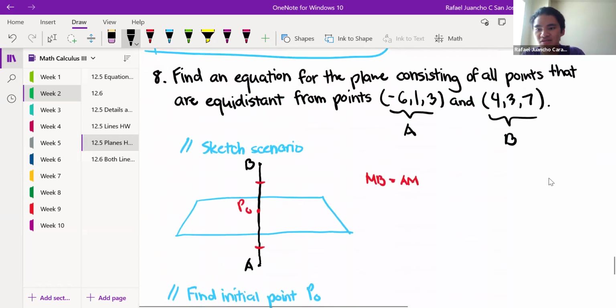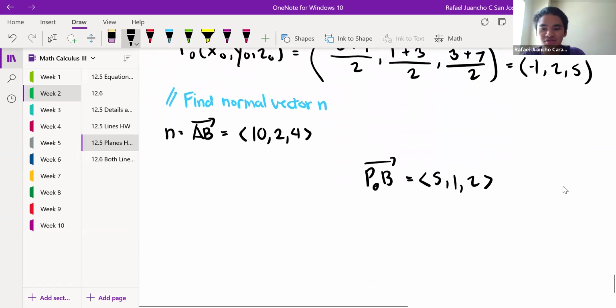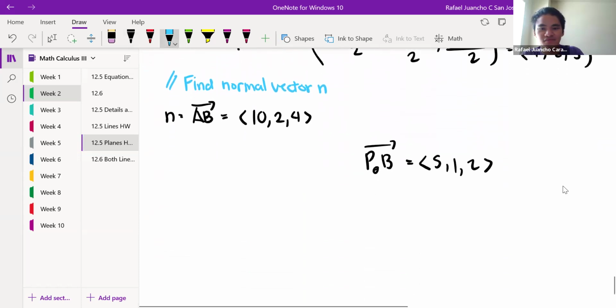And lastly, 7 minus 5, so that's 2. So funny enough, it is possible. This vector is the same as this one. You just divide it by 2. 10 divided by 2, 5. 2 divided by 2, 1. 4 divided by 2, 2. So we could have done P naught to B, actually. It's the same thing.